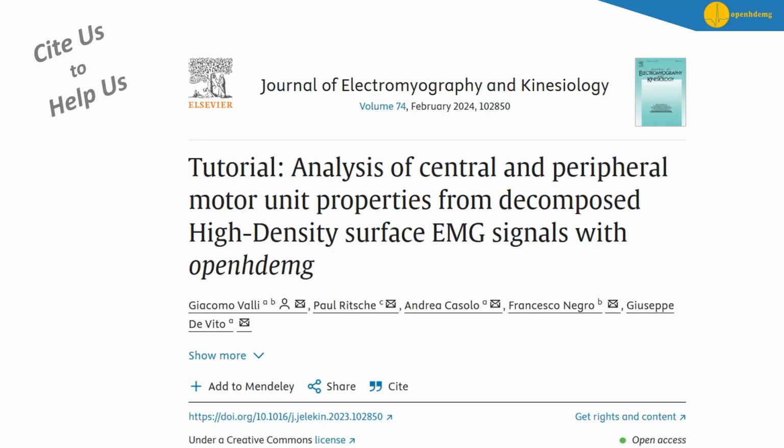Okay, so just to finalize, I give the word for these last 5 minutes to Francesco. So we have this tutorial published by Giacomo that basically covered the openhdemg library at the previous release. So please, if you use the library, cite the paper, go there for further details.